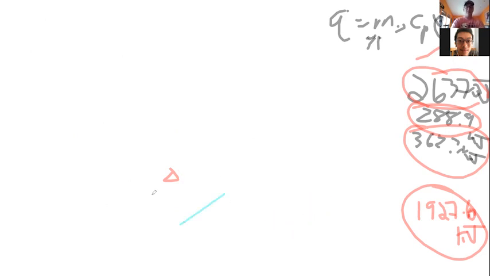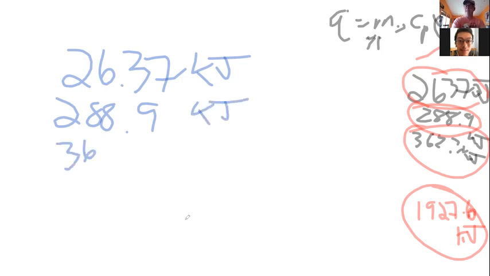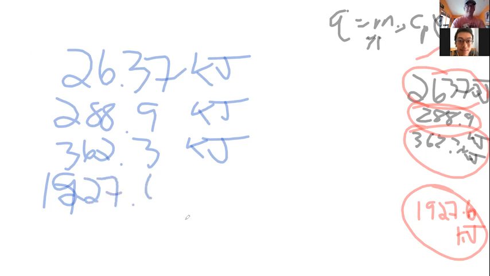So now I convert everything to kilojoules because I need to be adding the same thing. So I got 26.37 kilojoules. I've got 288.9 kilojoules. I got 362.3 kilojoules. 1927.6 kilojoules.